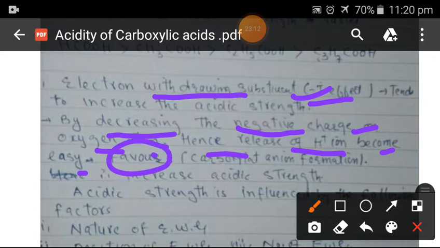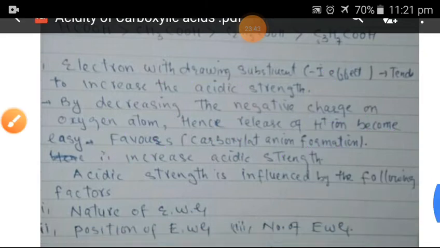That favors the carboxylate anion formation, as we have already discussed, that the carboxylate anion carries the negative charge on the oxygen atoms, as a result of which when the electron withdrawing group is present, more of the negative charge will be dispersed towards the electron withdrawing group. Or in other words, we may say that the accumulated negative charge on the oxygen atom will get more dispersed towards this electron withdrawing group.